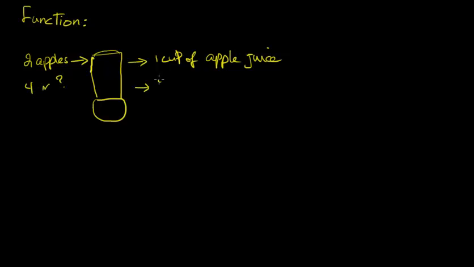Then you get 2 cups of apple juice, right? If you put 3 apples in the blender, what will happen? It produces 1.5 cups of apple juice. So, the blender is a machine. You would know how much apple juice you would get if you put in a certain amount of apples.